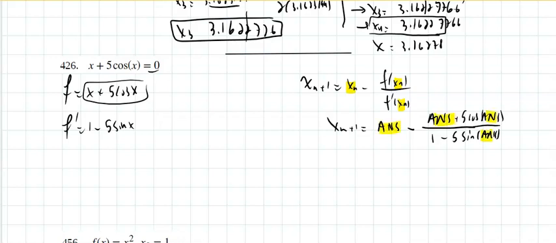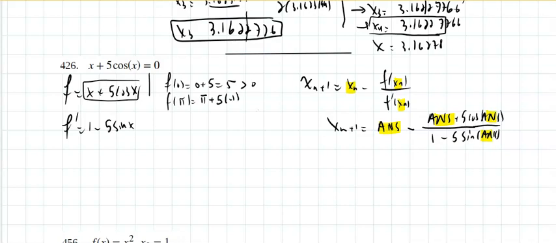I need to find the first guess. Let me show you how to get the first guess. If I take f of 0, it is 0 plus 5 times the cosine of 0, which is 5. If I take f of pi, so I'm looking for a positive and a negative, f of pi will be pi plus 5 times cosine of pi, which is negative 1.